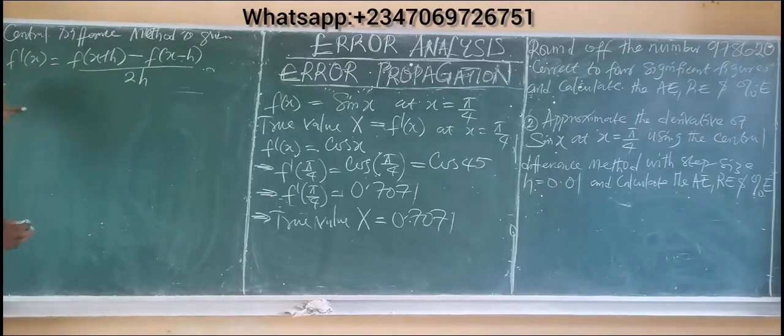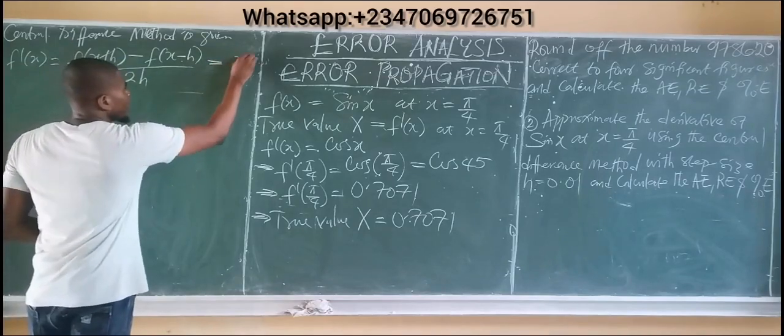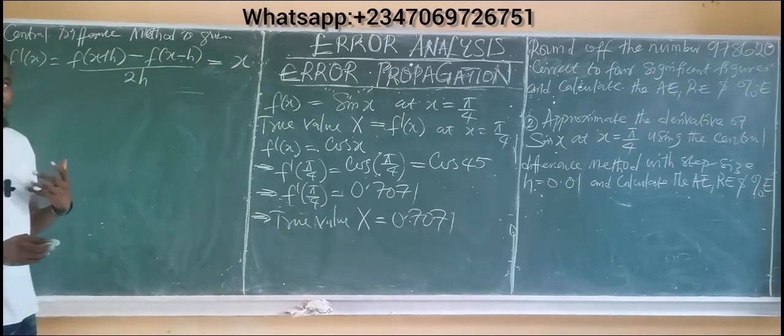The value obtained from this derivative is taken as our small x, which is called the approximate value.